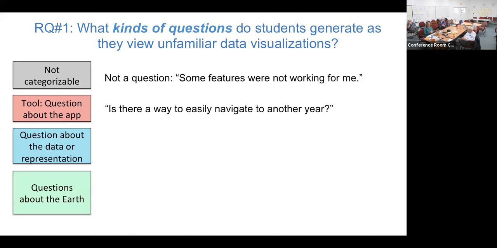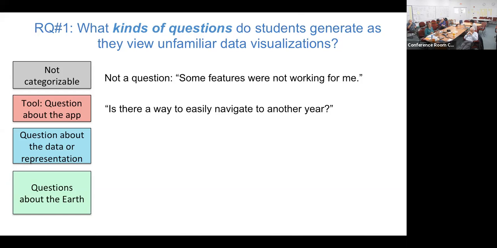Or is the question fundamentally about stuff that's out there in the real world? Questions about Earth processes or Earth structures or interactions between humans and Earth. Questions about what's out there versus questions about what's in here in the data. Questions about the human artifact that we call the data and the data representation, or questions about the Earth.